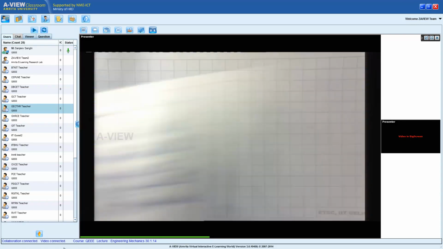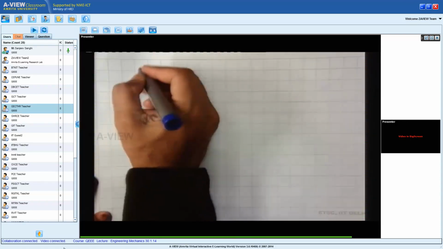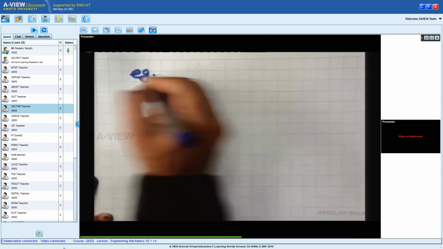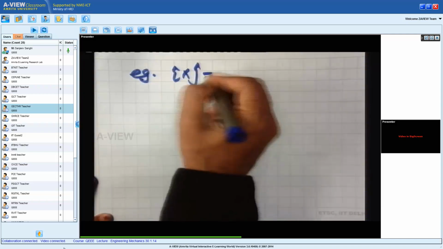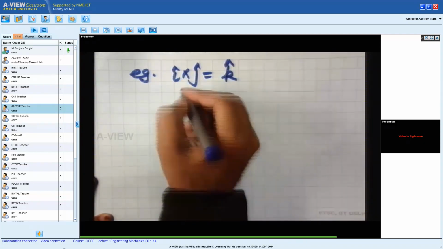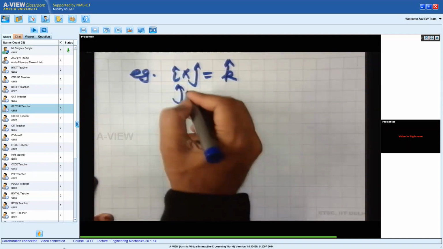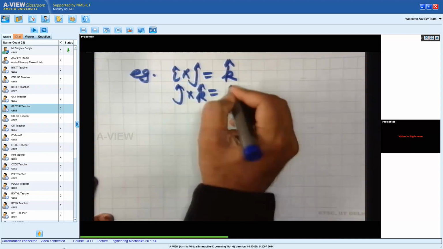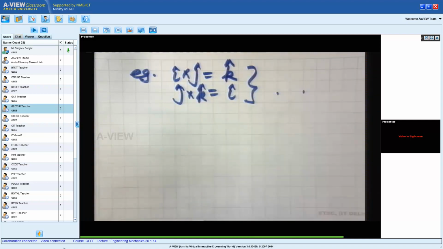Just to illustrate the point further, for example, i cross j would be equal to k, and j cross k would be equal to i, and so on.